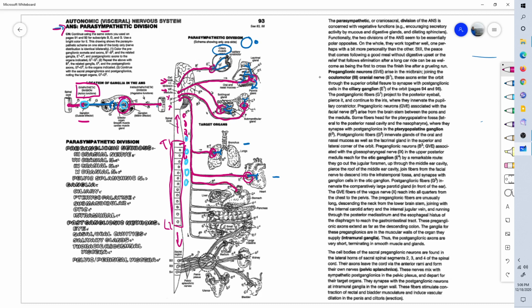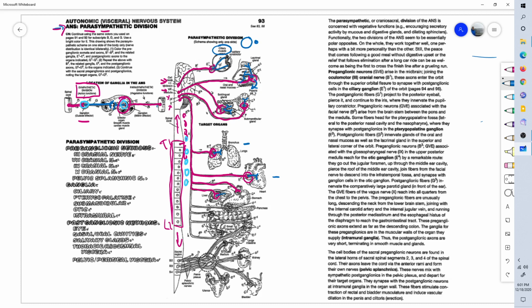Then it'll have a branch to the stomach. The vagus nerve continues down and branches off to innervate the liver, to secrete, and then synapses here at the ganglion inside the liver.